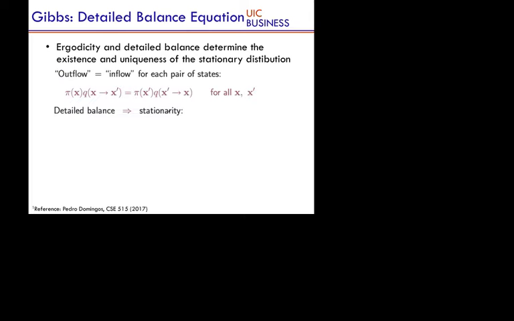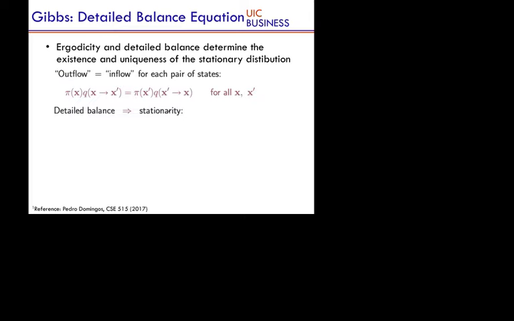A stationary distribution doesn't exist all the time, so there are conditions you can check that are necessary and sufficient for a stationary distribution to exist and be unique. We'll not focus on ergodicity. Let's focus on detailed balance because that's going to be useful for understanding Gibbs sampling, which is our main goal.